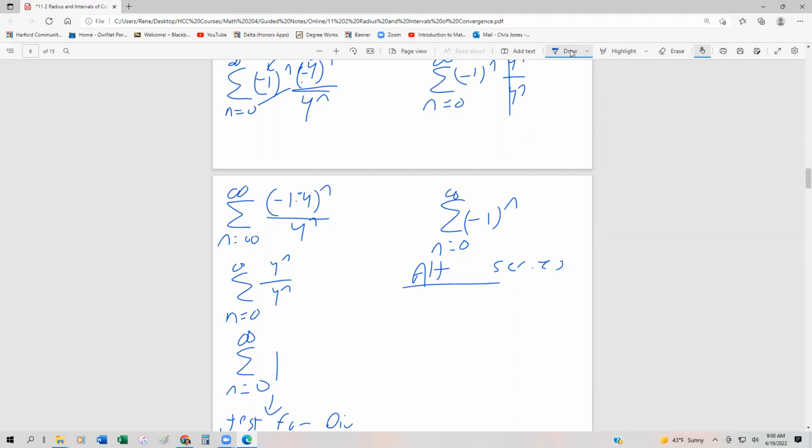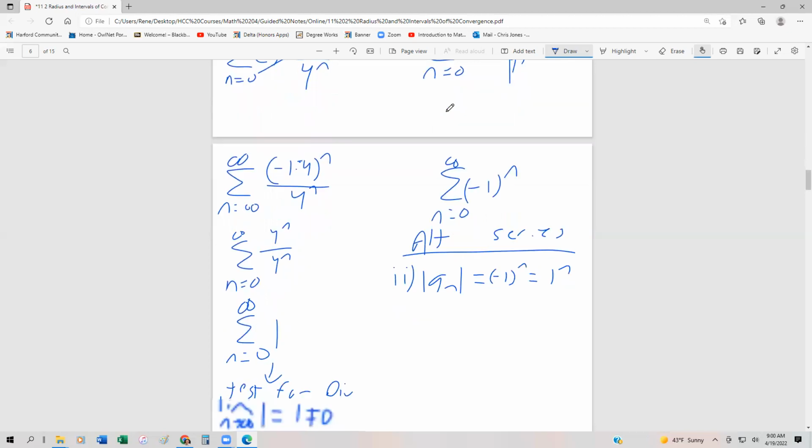That's an alternating series. And remember, we just need to take the limit as n approaches infinity of the absolute value. So remember condition 2. We're going to write that the absolute value of a sub n is -1 to the n, which is just going to be 1 to the n.